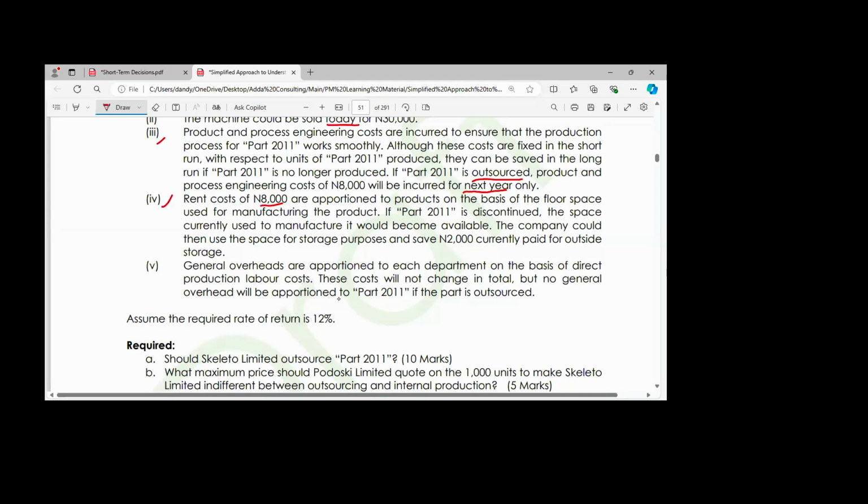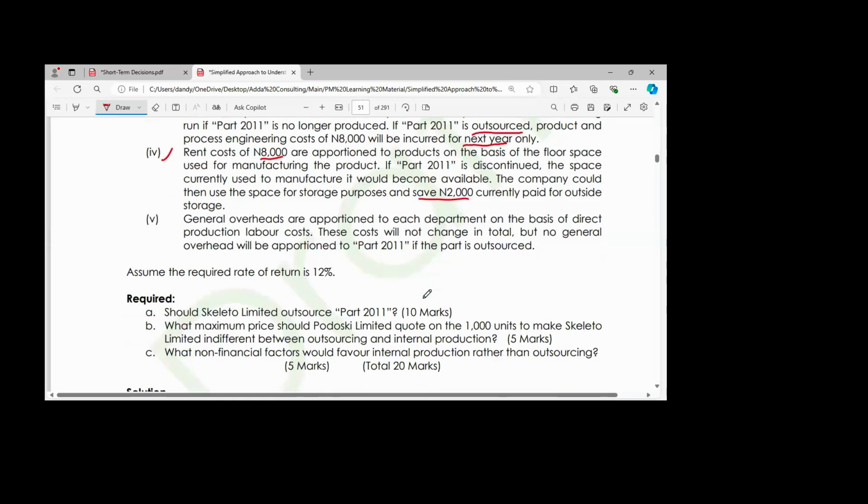If Part 2011 is discontinued, the space currently used to manufacture it will become available. The company could then use the space for storage purposes and save 2,000 naira currently paid. So 2,000 naira is a saving for the storage space.